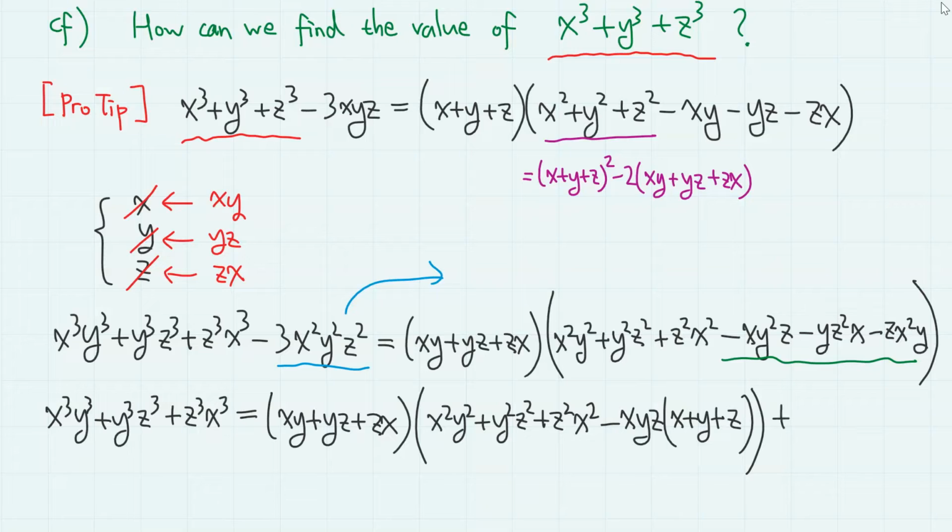So this plus 3 times xyz squared. Here, this is b, this is c, this is a, and this is c. So the only problematic part is x squared y squared plus y squared z squared plus z squared x squared.